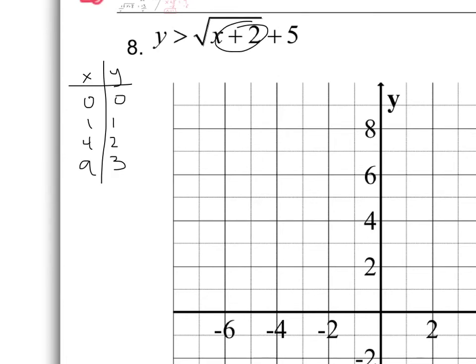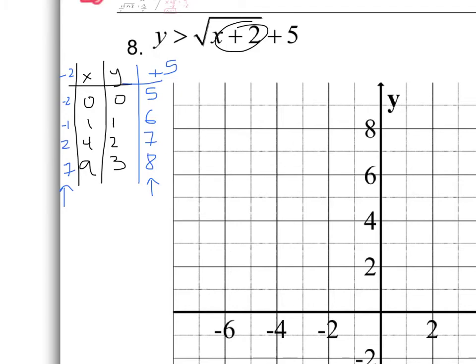Opposite, so you subtract a 2. Nine minus 2 is a 7, and then you add a 5 to the y. So that's going to be my new x, and that's going to be my new y.